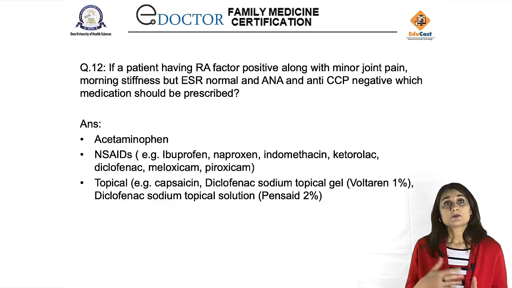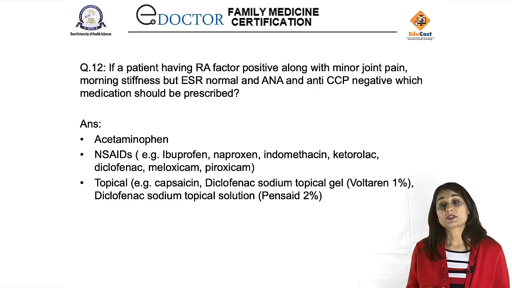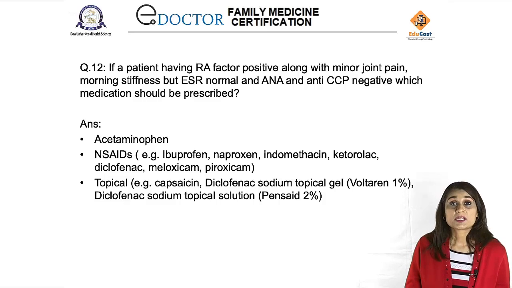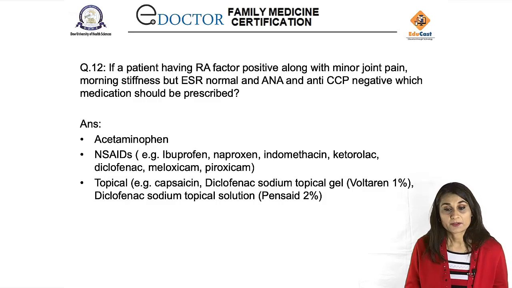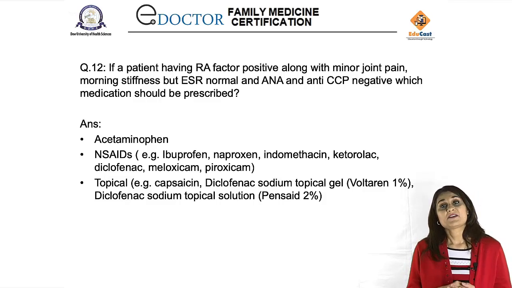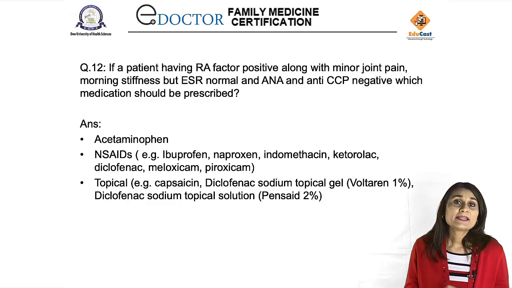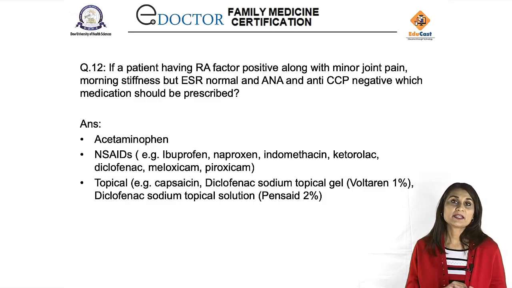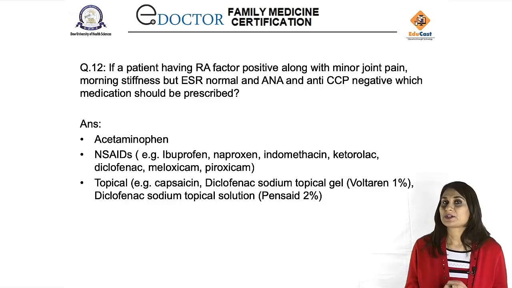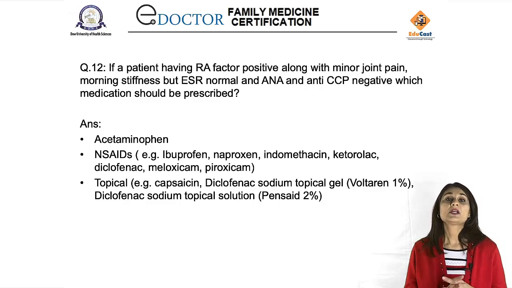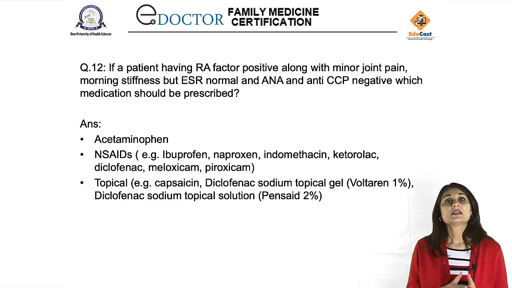So if a patient comes with positive RA factor and you're thinking it is rheumatoid arthritis, that's not diagnostic at all, because you will find RA factor in healthy individuals also. If ANA, the anti-nuclear antibody, is positive, that's also not specific for rheumatoid arthritis, because SLE will also have ANA.